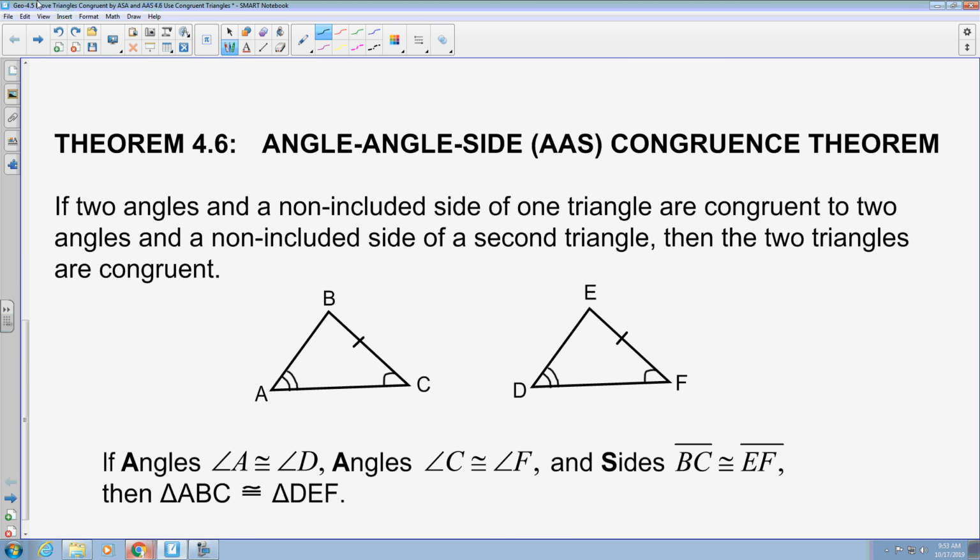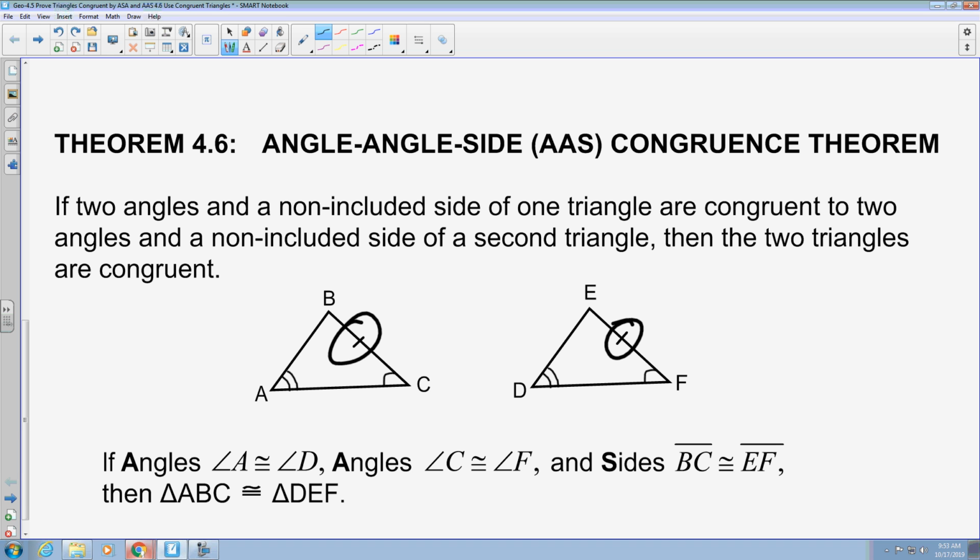The other one is angle, angle, side. In this one, we have two angles that are congruent. We either are given that or we're able to prove that. And the congruent side is not in between those two congruent angle measures.